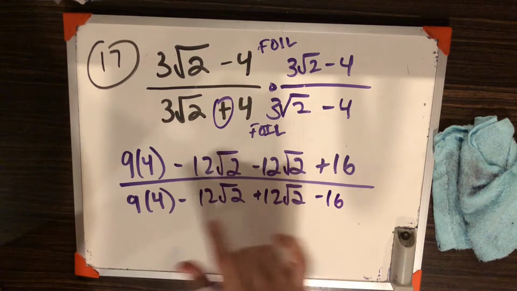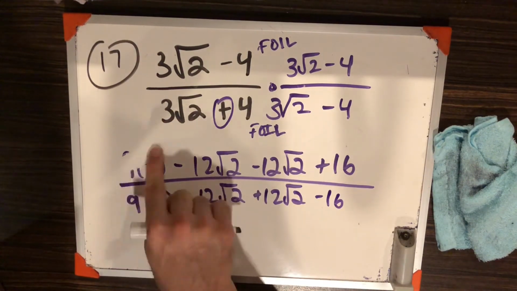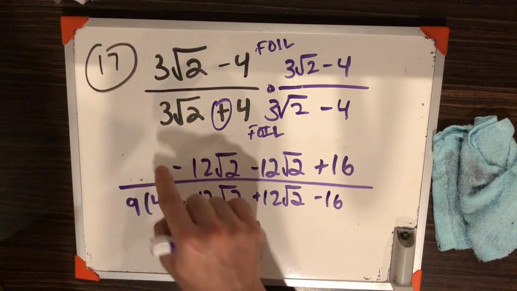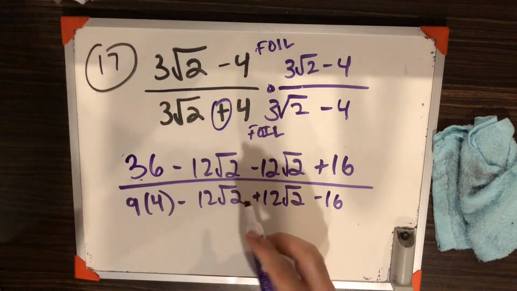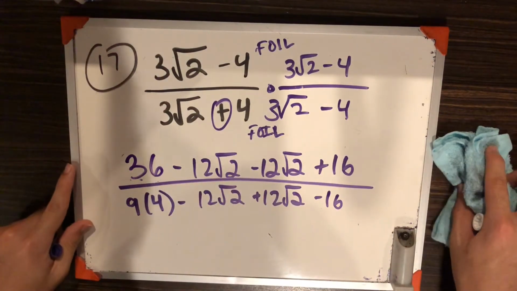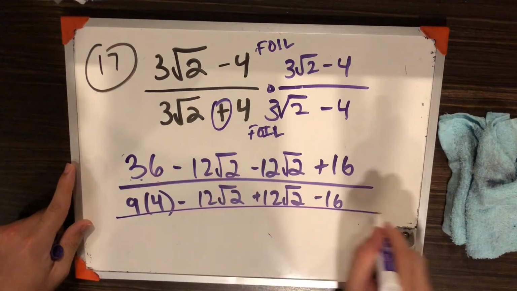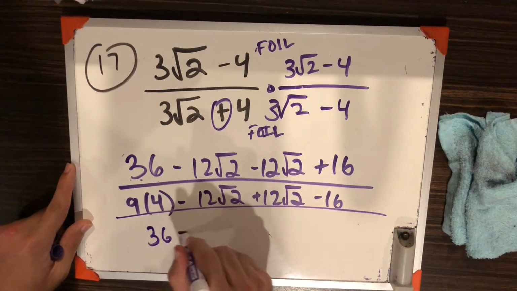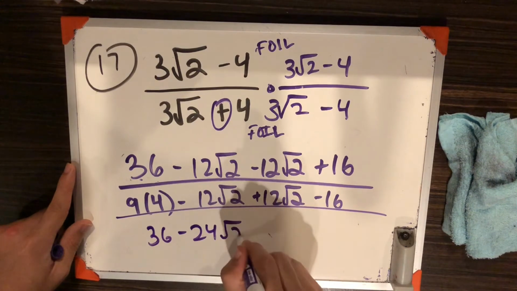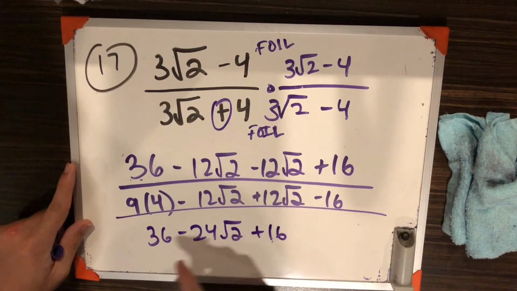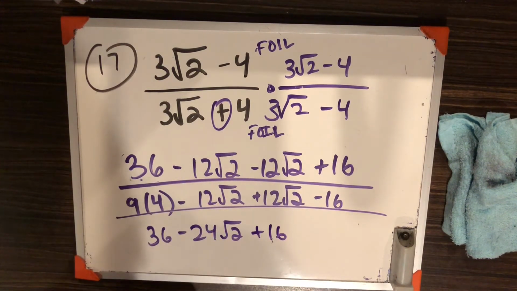Let's clean the top part first. So that would be 36. This and this would be minus 24 square root of 2. Yeah, let's actually do this on the bottom. So 36 minus 24 square root of 2 plus 16. 16 plus 36 is 52.